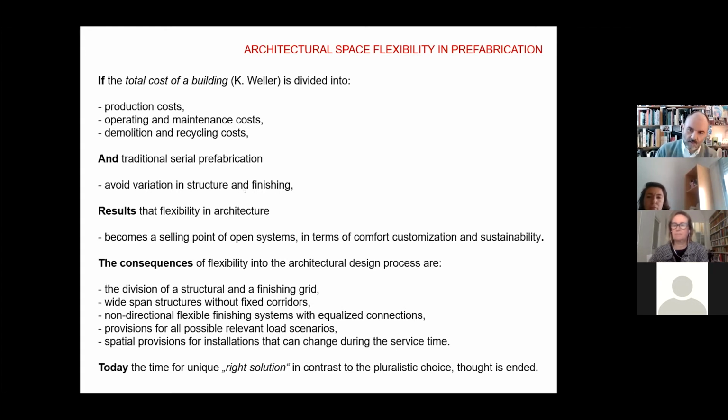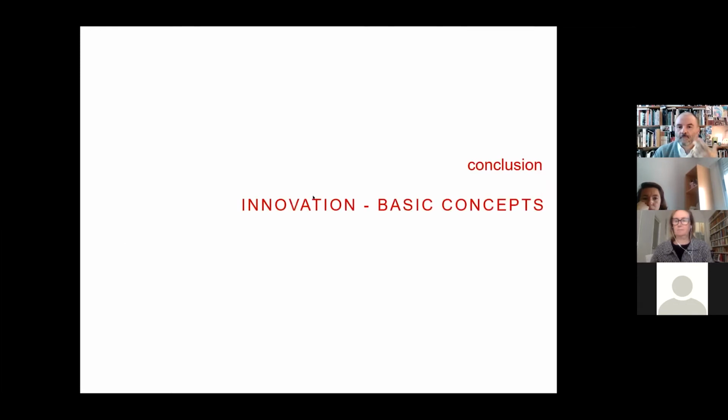So in prefabrication, I can change something. The result is flexibility in architecture. So through prefabrication, I can gain some flexibility, and in an open building system, again, a wider flexibility. So innovation, basic concept, this is my conclusion.